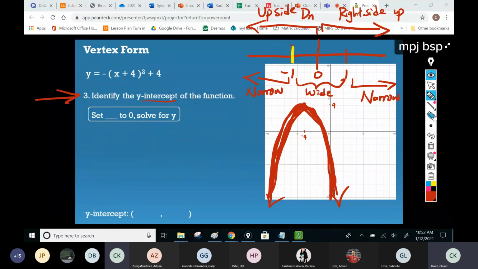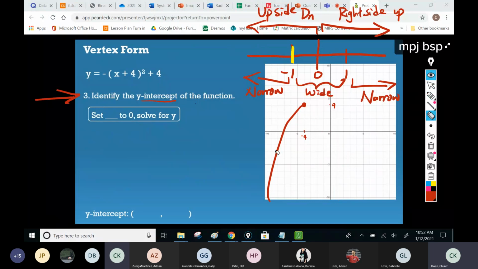If you want to make it look super accurate, you're going to have to find the y-intercept. You want to find exactly at which number it crosses the y-axis.